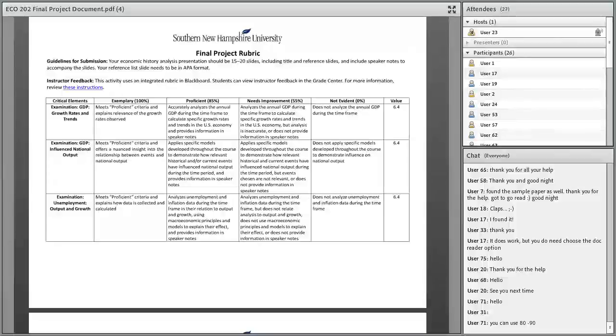But for the milestone, you will have to research mostly data. So you will first of all have to research the GDP, the annual GDP during the time frame, and calculate specific growth rates. Now, you don't necessarily have to sit down and calculate the growth rate for every year. The way to bypass the calculation is to find the information for the growth rate.